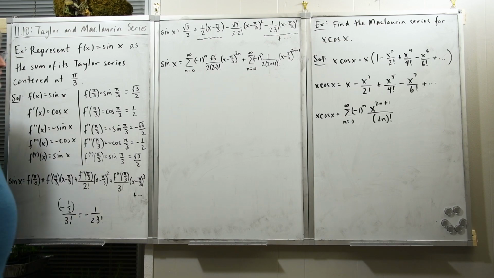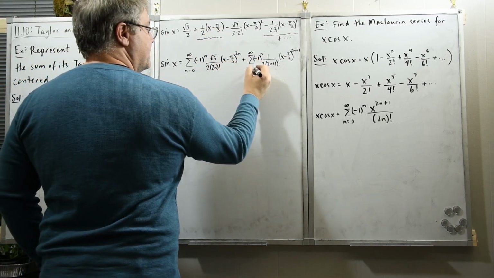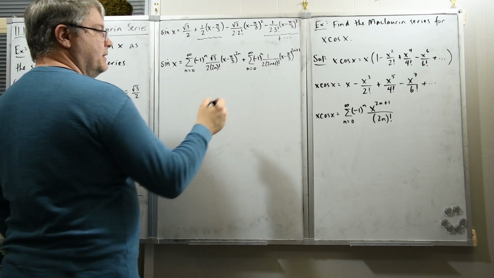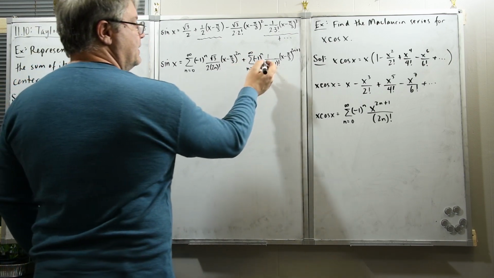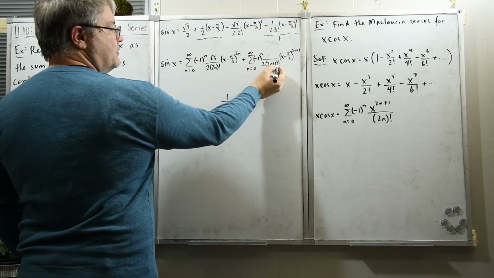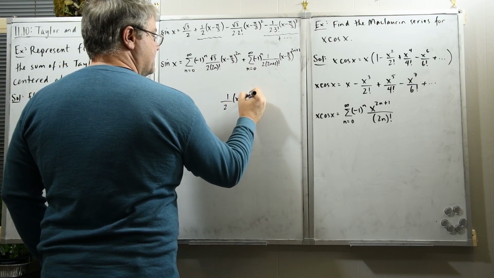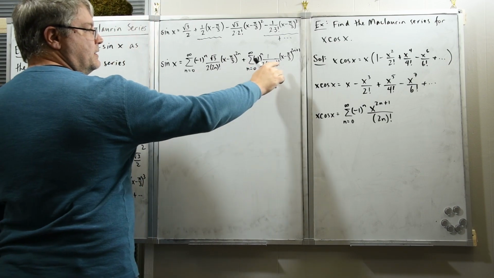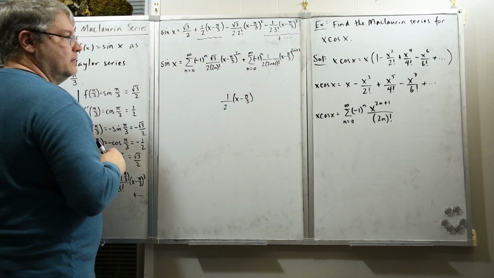And in fact, you can verify that you're picking up the odd powers of x minus pi over 3. If n is equal to 0, negative 1 to the 0 gives you 1. 1 over 2 times 2 times 0 plus 1, that's 1 factorial, still 1. There's x minus pi over 3 raised to the 2 times 0 plus 1, raised to the first. This matches up with that.